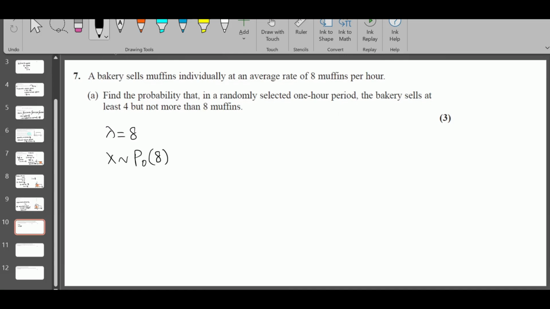So they want us to find the probability that the bakery sells at least 4, not more than 8. So not more than 8, at least 4. So it should be greater than or equal to 4, less than or equal to 8. We need to find this probability, which is the same as P of X less than or equal to 8 minus, we need 4, so we subtract till 3. So I'm going to take the table values for lambda equal to 8 and x is 8 and 3.